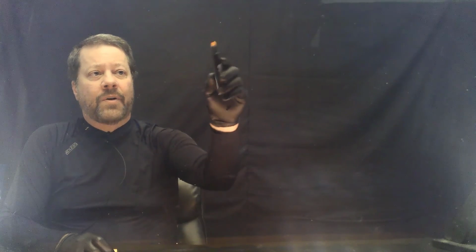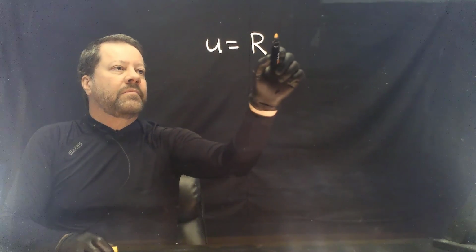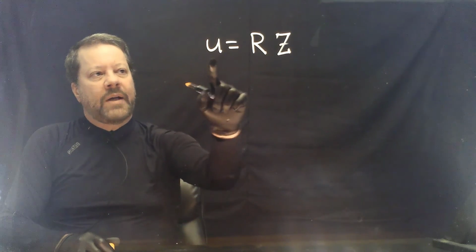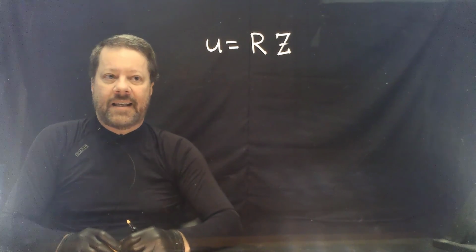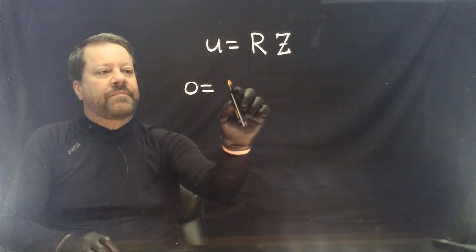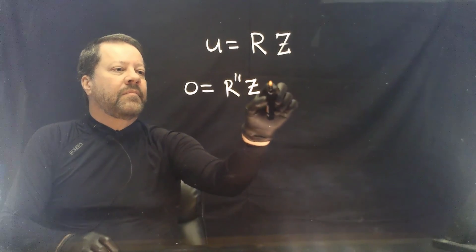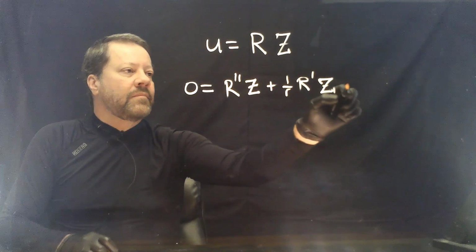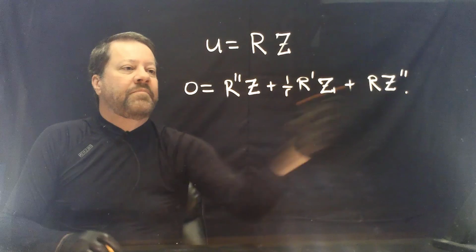We will begin, of course, with a separability assumption, where we can separate u as a product of functions, one involving only the radius r and the other the height z. Plugging this into our partial differential equation, we get R'' Z plus 1 over r R' Z plus R Z''.